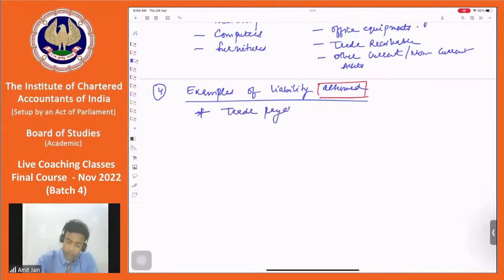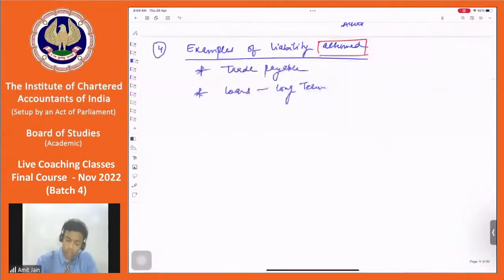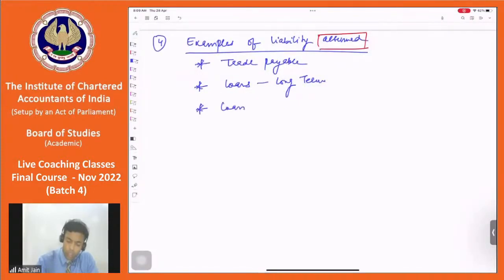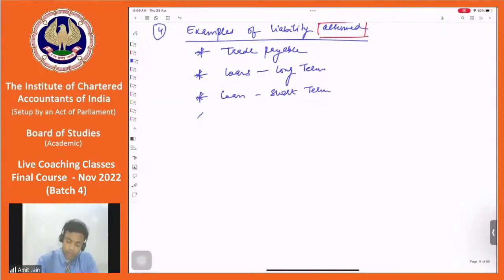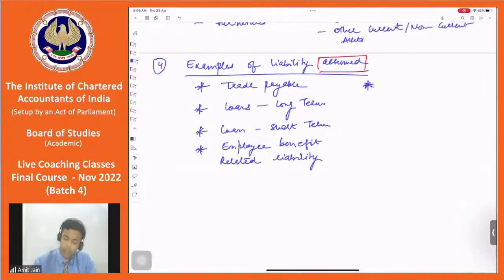Trade payables, long term loans, short term loans, employee benefit related liabilities, provisions, other payables.